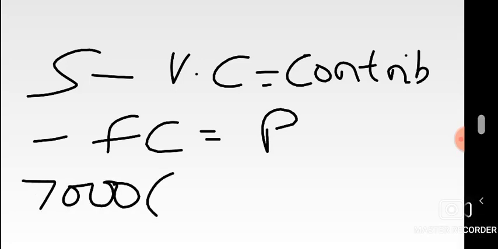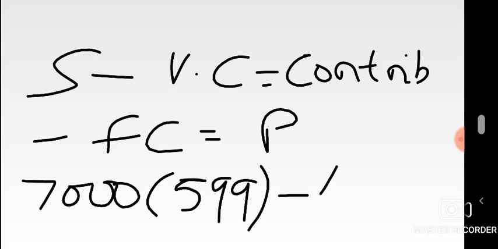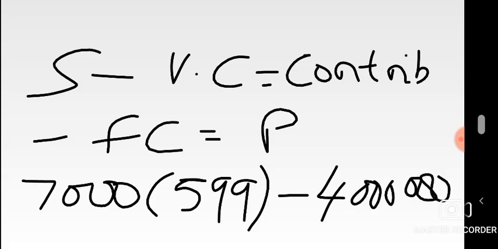And contribution is like a stand profit. So you should understand contribution. It's like a stand profit, like the one we call gross profit. Then multiply it by contribution per unit and less fixed costs, and you can get your profits there.